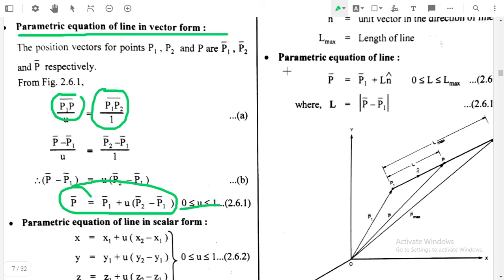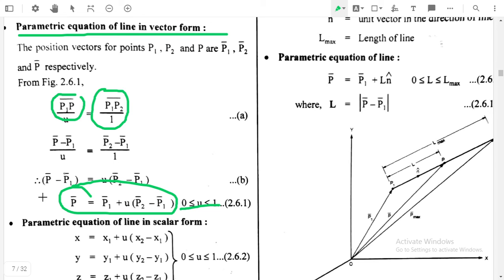So this is the parametric equation of the line in a vector form. What is the parametric equation of the line in a vector form? It is P bar equal to P1 bar plus u into P2 bar minus P1 bar, where u varies from 0 to 1.